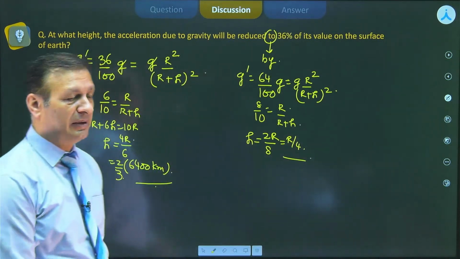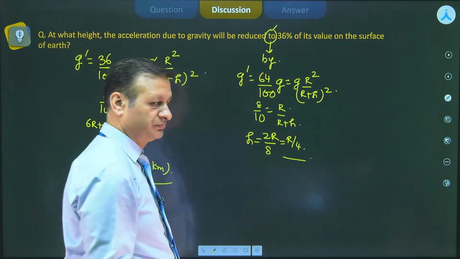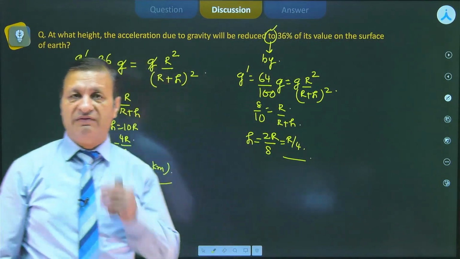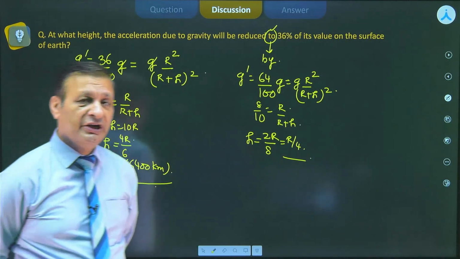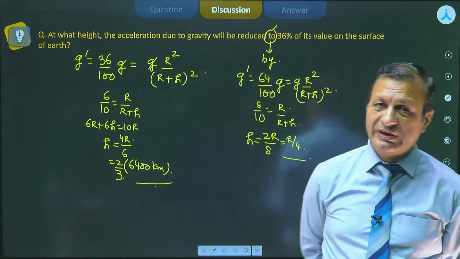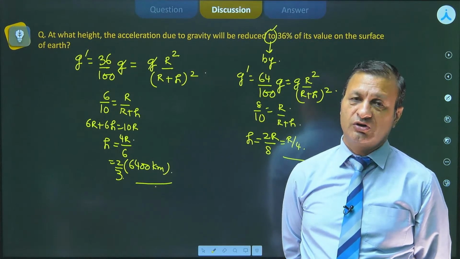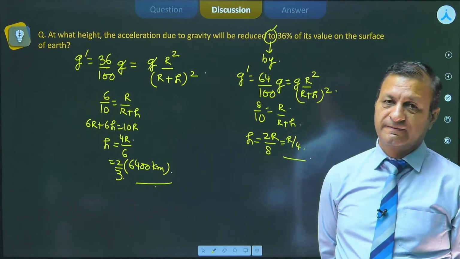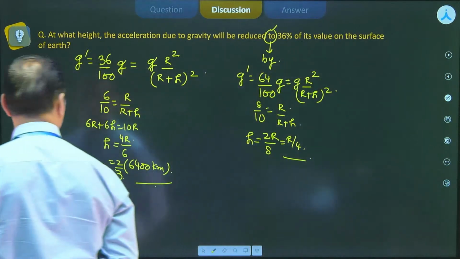So look at this. Just by replacing one word will have a different meaning of the same. So this is how you have to interpret your questions. This is how you have to understand it well, and then only you can solve it. Got it or not? Any doubt from this part?